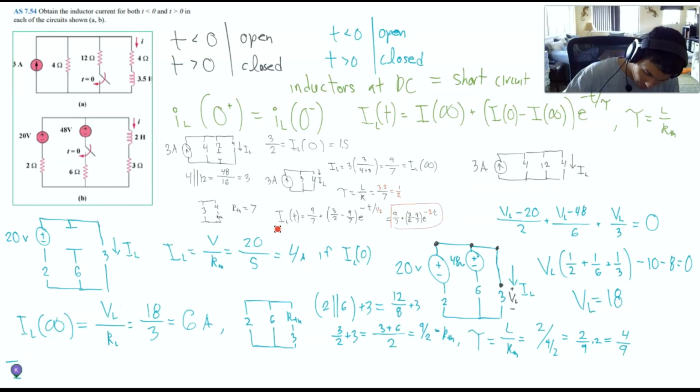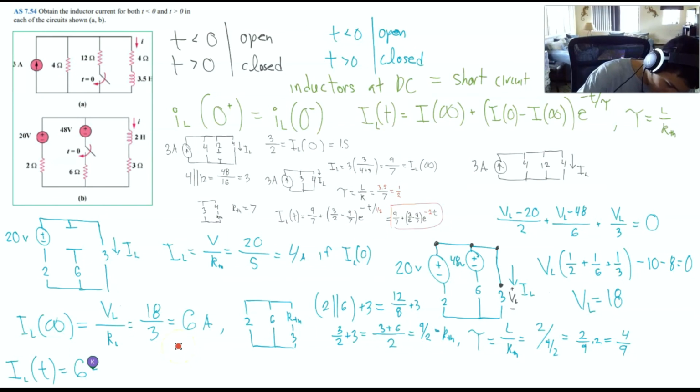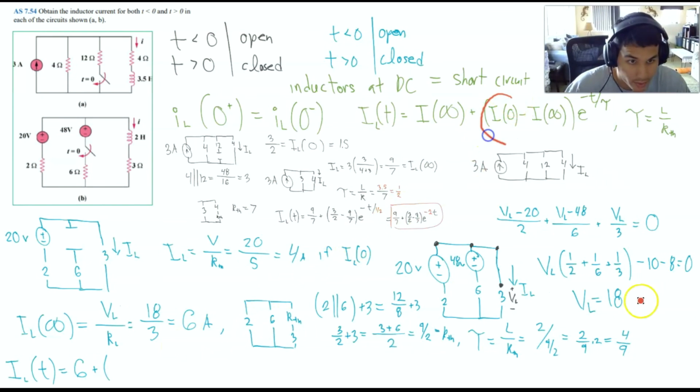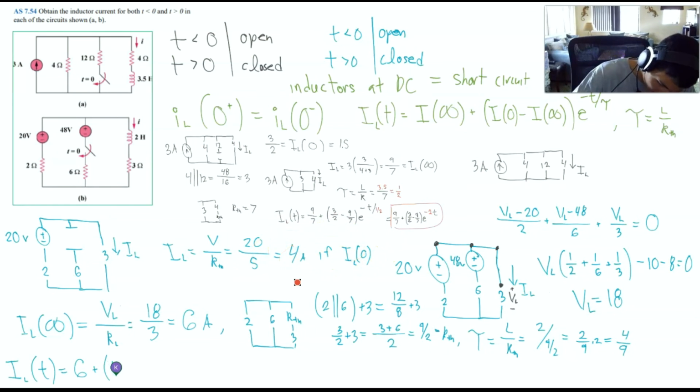So, IL of t. What is it equal to? It's equal to I of infinity, so 6, plus I of 0. Where's I of 0? I of 0 is right here. And then minus I of infinity, so minus 6, and e to the negative t divided by tau, which is 4 over 9.